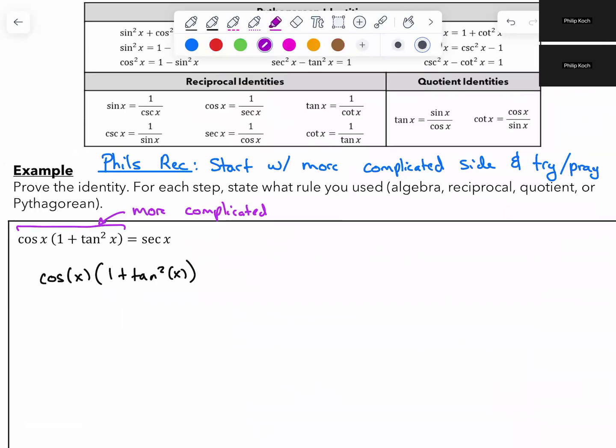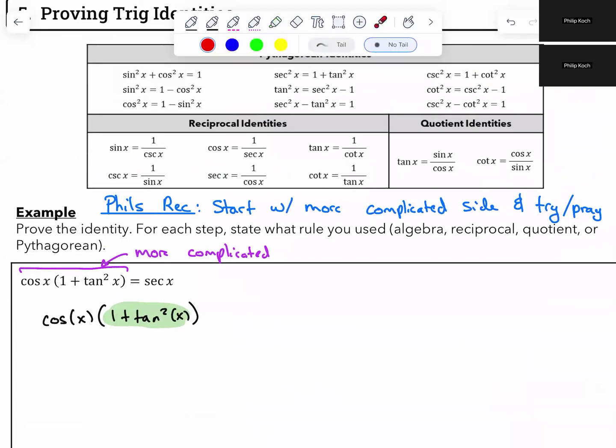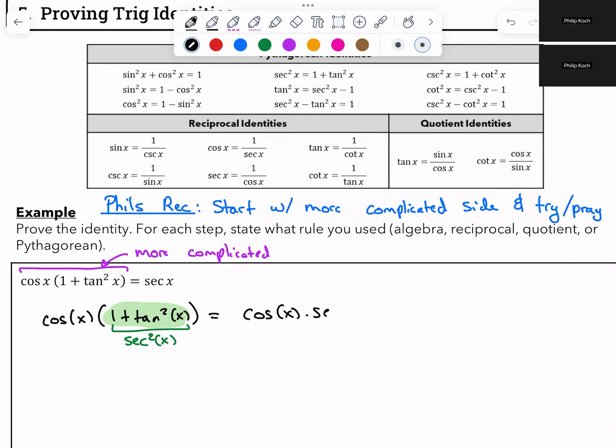So this, right, let's use green. Looking at my Pythagorean identities that I've deduced myself, 1 plus tangent squared is secant squared. So this equals cosine of x times secant squared of x. And that was by a Pythagorean identity.